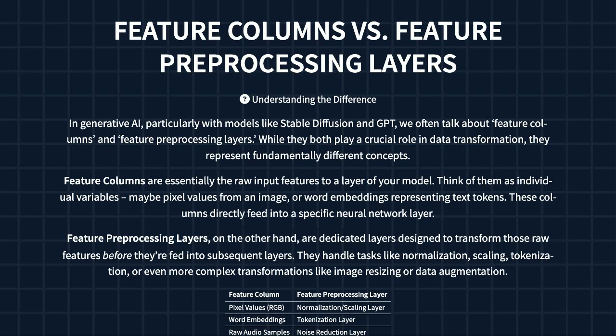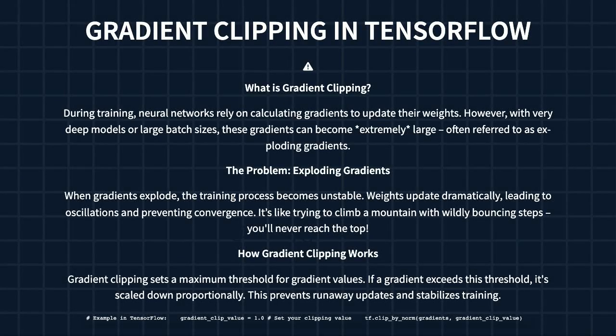Okay, let's talk about gradient clipping, a really important technique in TensorFlow and other deep learning frameworks. Basically, when we train neural networks, we need to adjust the weights based on how big the gradients are. But sometimes those gradients get huge, like really big. This is called exploding gradients, and it can cause training to go haywire.